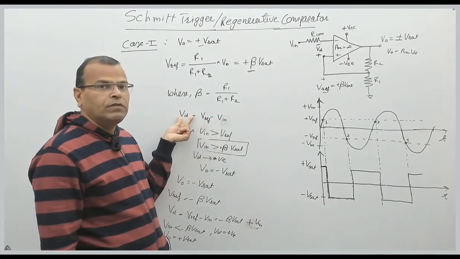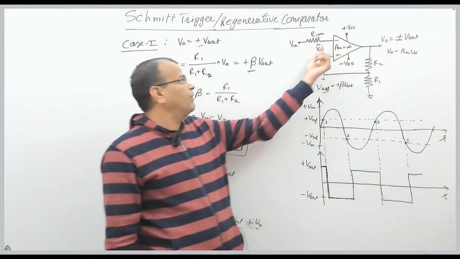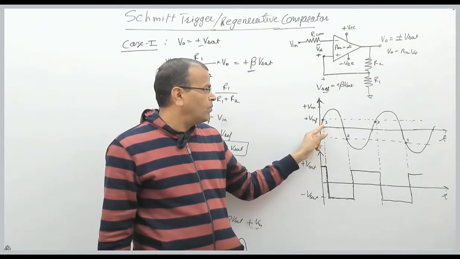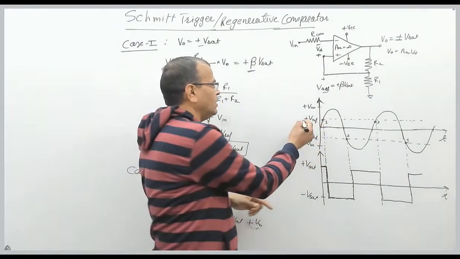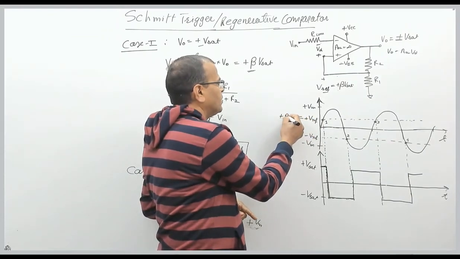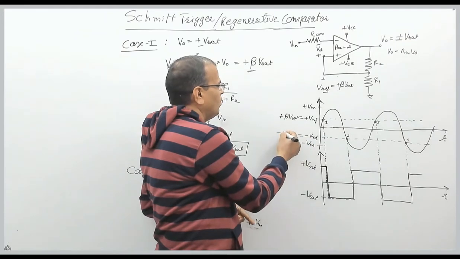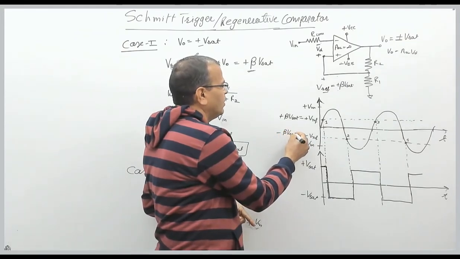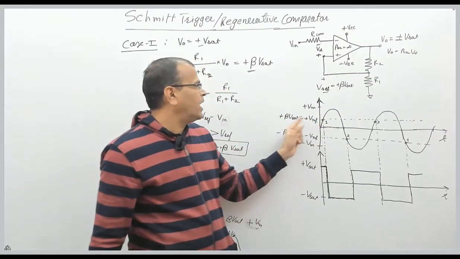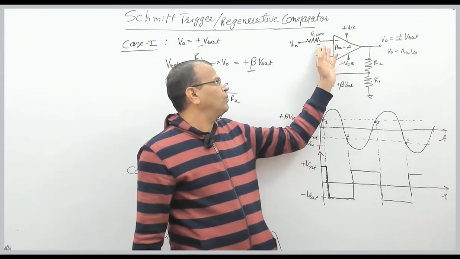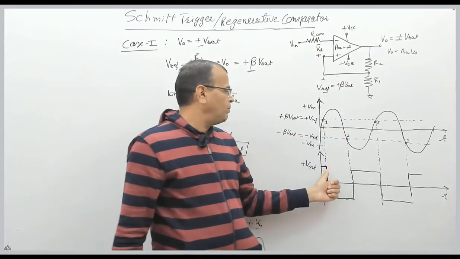Vd will be positive, and when Vd is positive, output is positive. This is plus beta into V set, right? And this is equal to minus beta into V set. So when input voltage is less than plus beta into V set, your differential input will be positive and output will be plus V set.